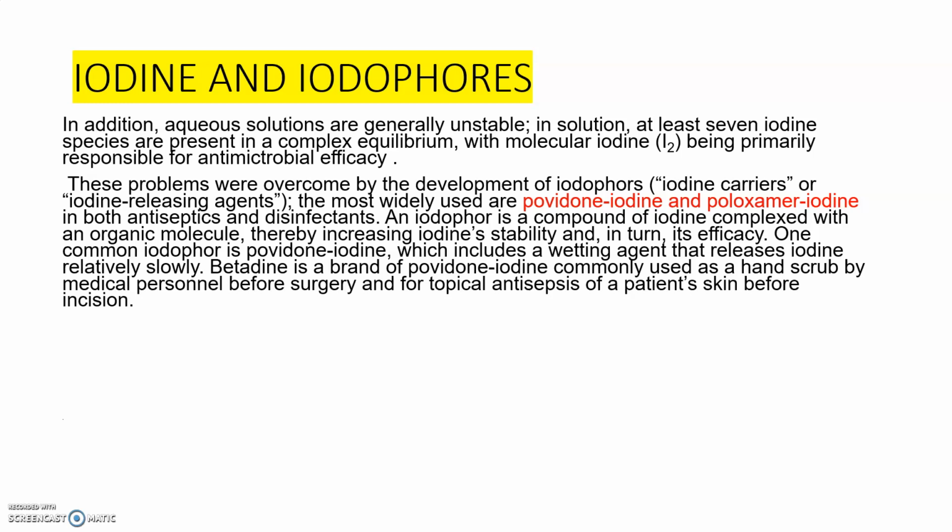Betadine is a brand of povidone iodine which is commonly used as a hand scrub by medical personnel before surgery and for topical antisepsis of the patient's skin before incision. Before taking a patient to the operation theatre, we disinfect the patient's body with this povidone iodine.